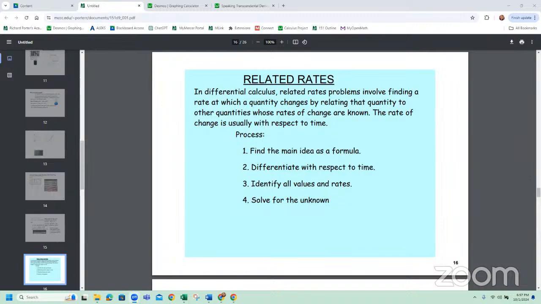So we're going to move on to the next subject, and the next subject is related rates. So what is a related rate? What's this word that you need to know what a rate is? Remember, there's a word that you listen for.